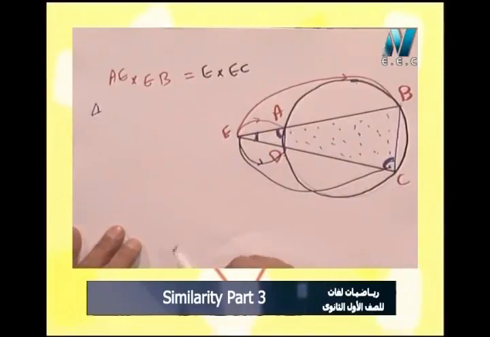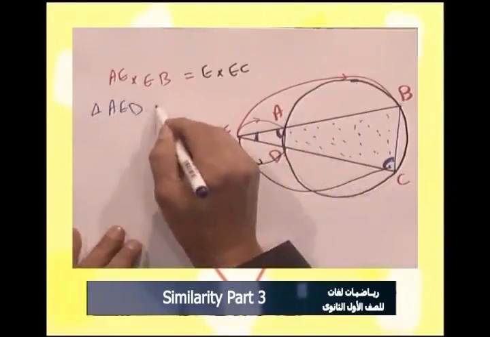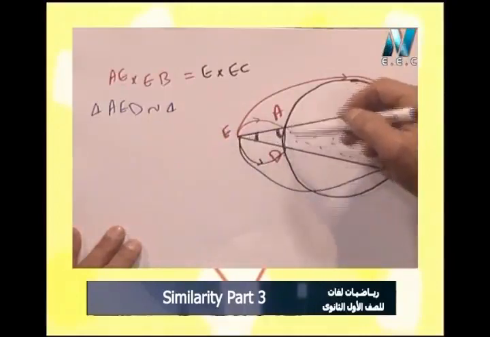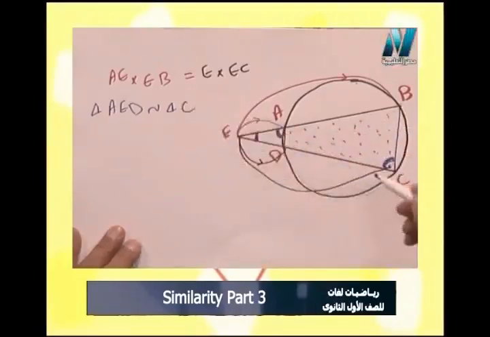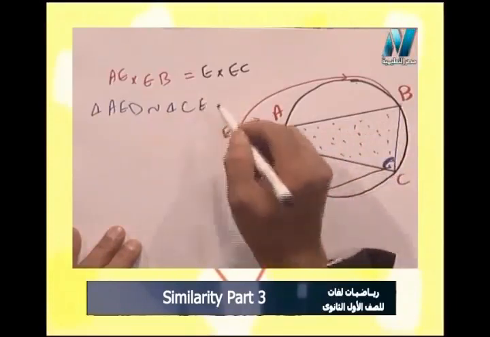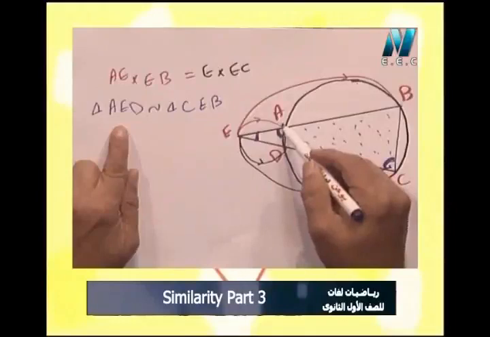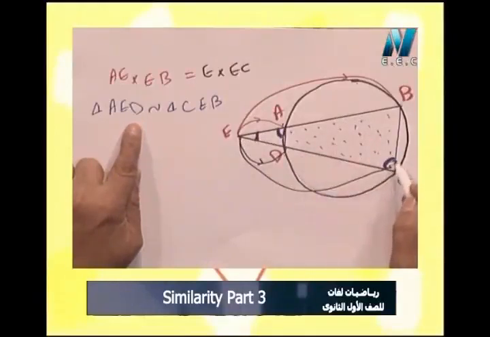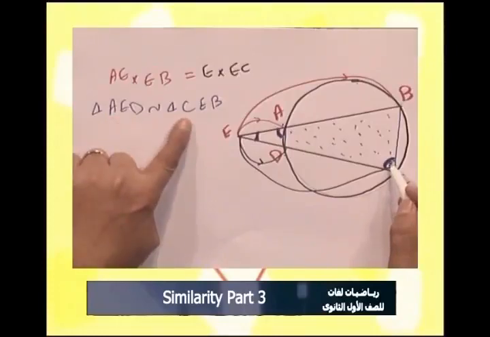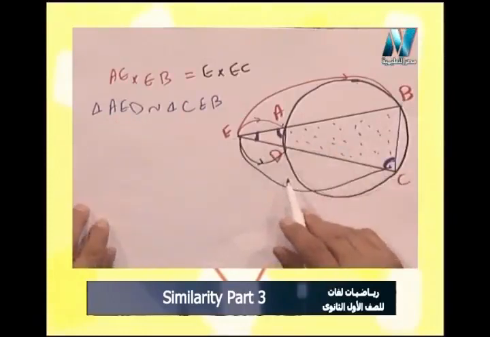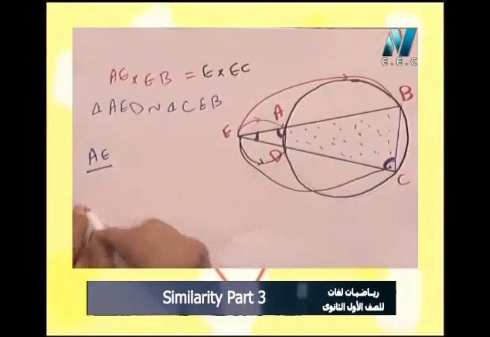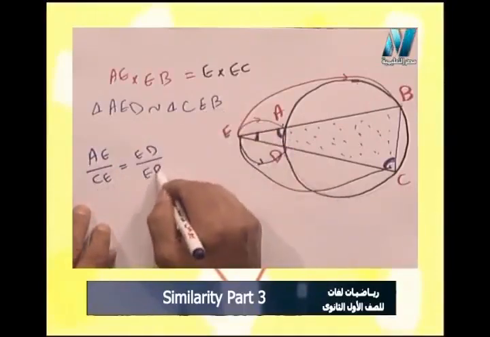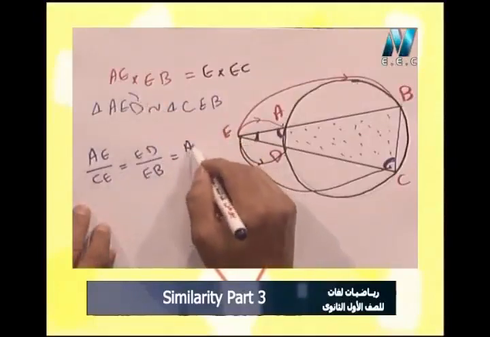Triangle AED is similar to the big triangle, which is E, then we start with C, the equal angle to A, then CE, the common angle, then B. So we have AE as a ratio over CE equals ED over EB equals AD over CB.